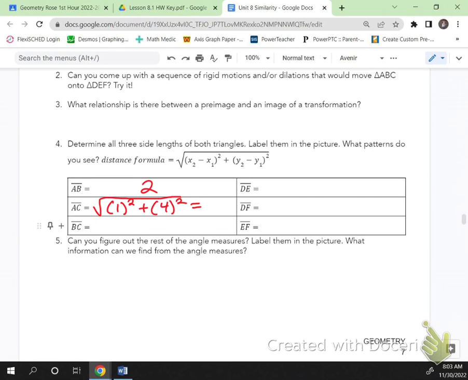What's 4 squared? What's 1 squared? Okay. Add them together. Under the square root is going to be what? 1 plus 16 is going to be 17. Let's look at BC.